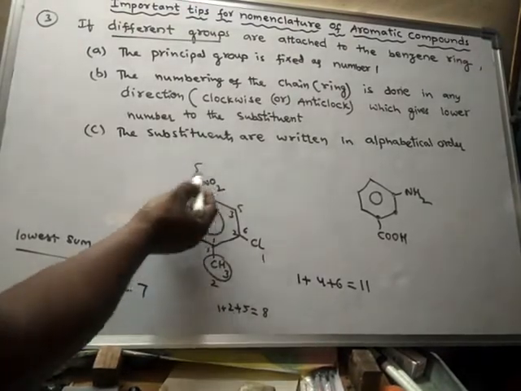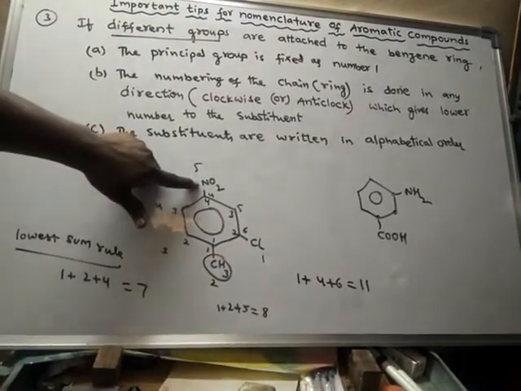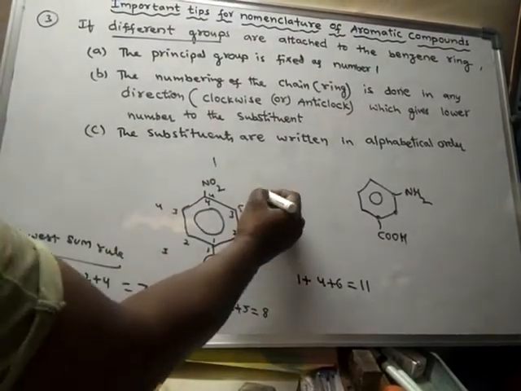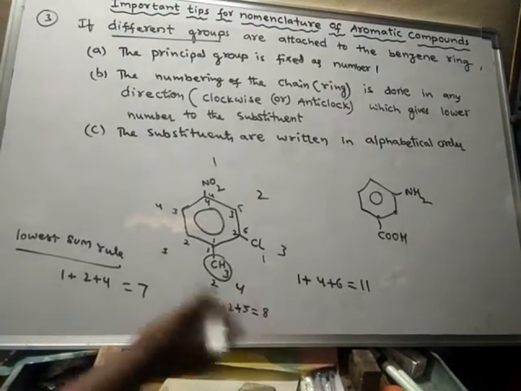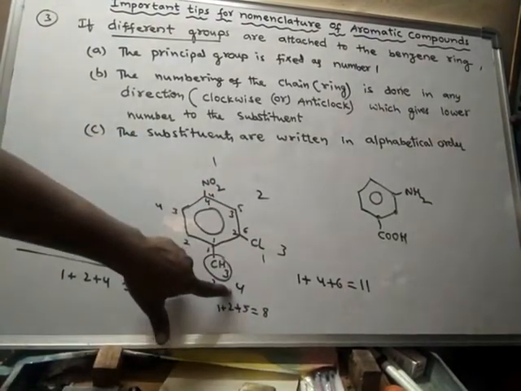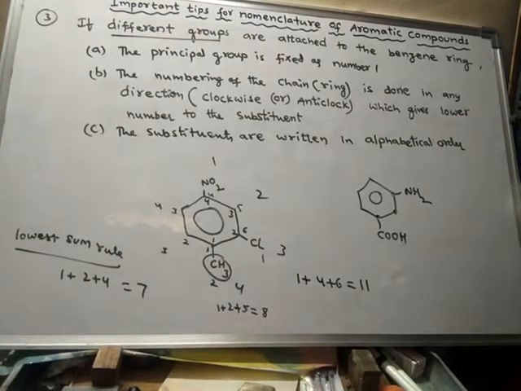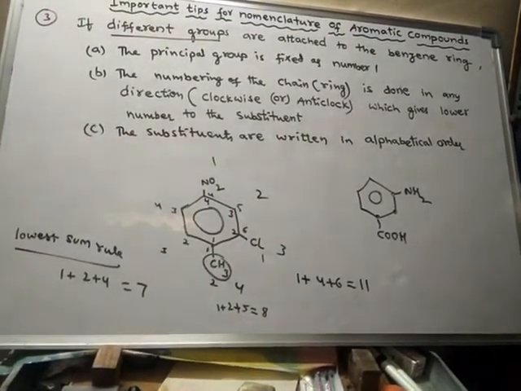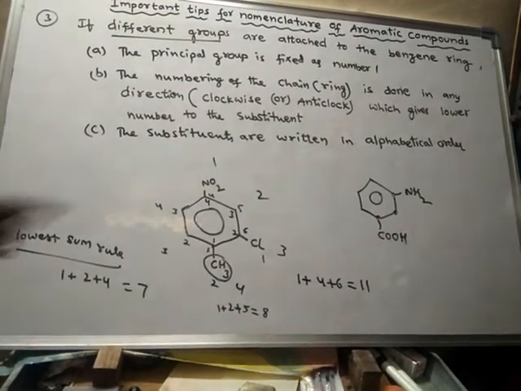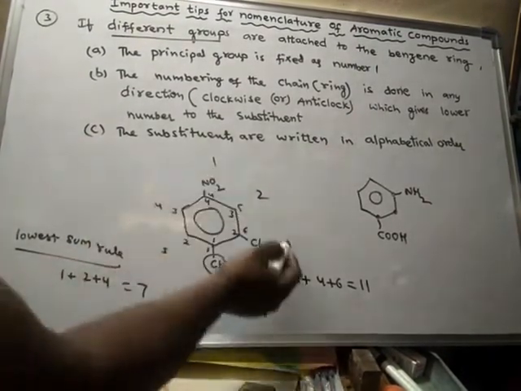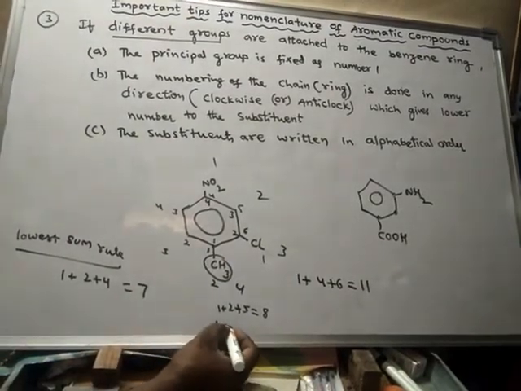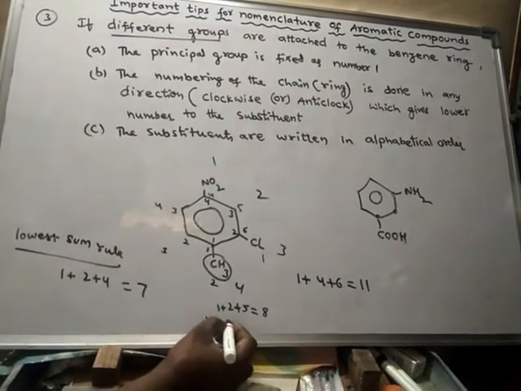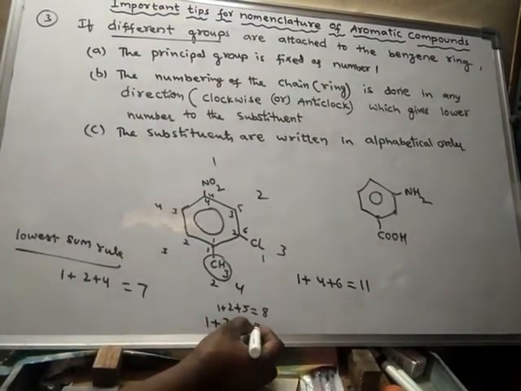Suppose you start from the nitro group, this will be the first carbon, second, third, fourth carbon. So 1 plus 3 plus 4, how much will it be? Sorry, it will be 8 again.